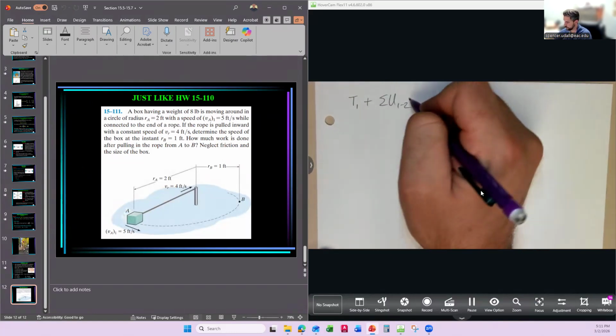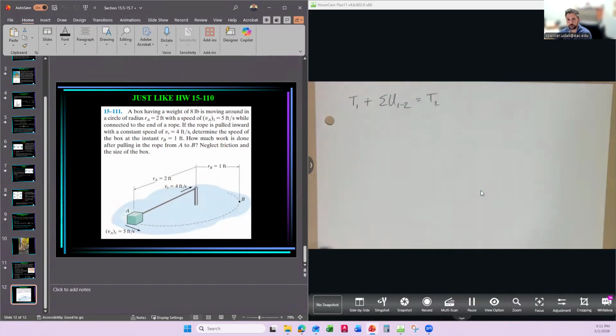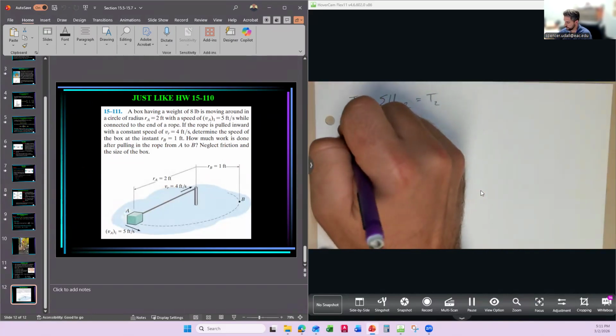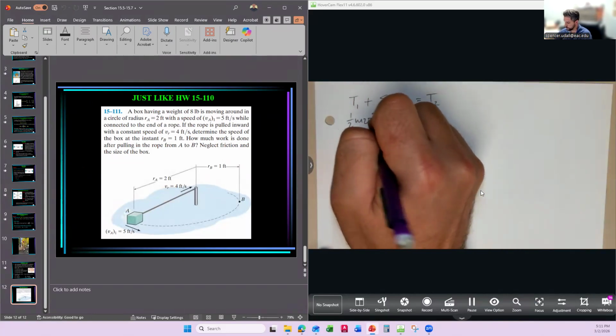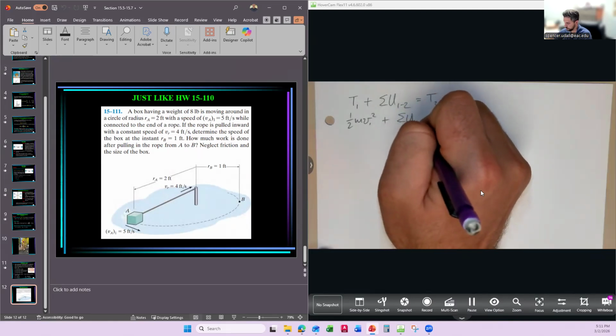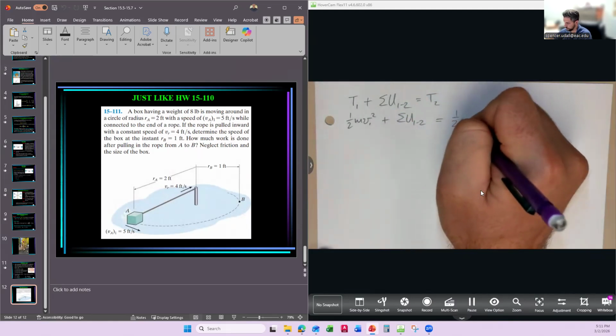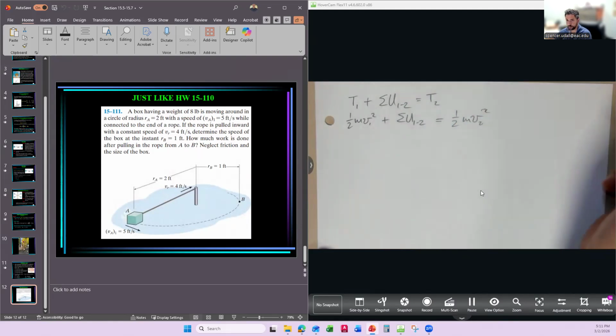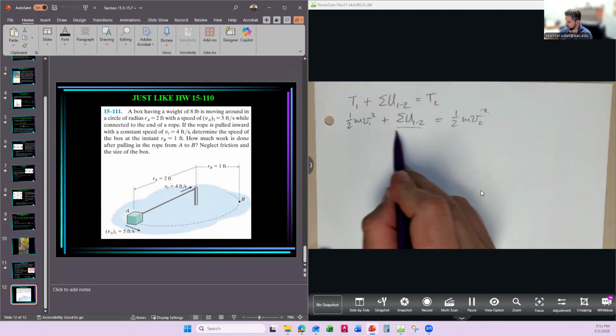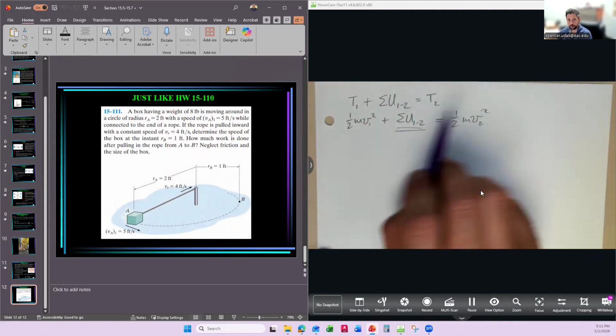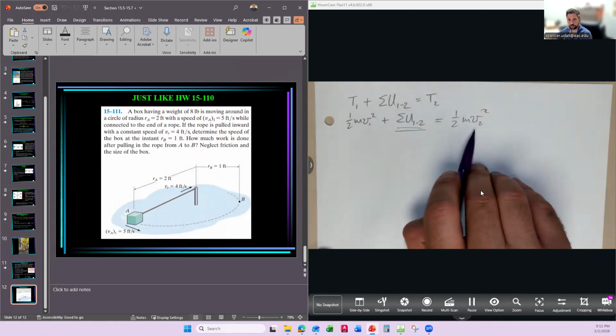We change our velocity and we end up with a final kinetic energy. So if this is 1/2 mv1 squared plus the work equals 1/2 mv2 squared, what we're looking for is that term right there. So we need its initial velocity and we need its final velocity.